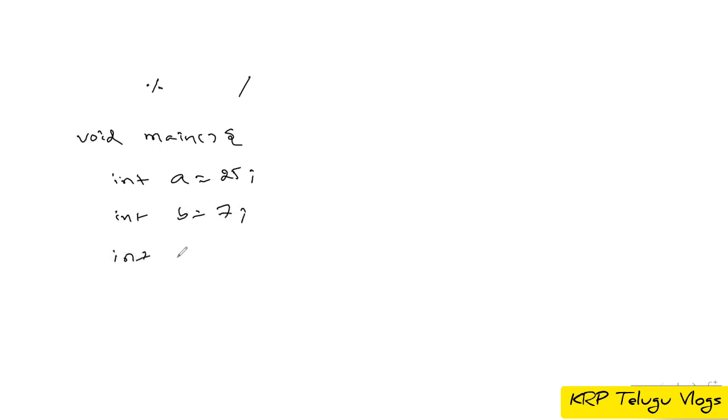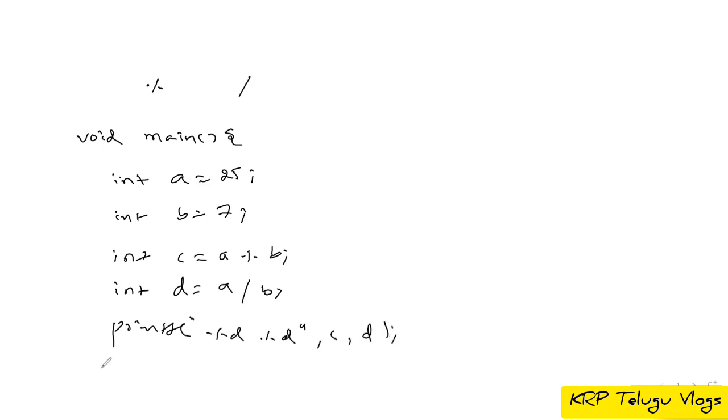Now, what is the difference between modulus and divided by? If I give void main, int a is equal to 25, int b is equal to 7, int c is equal to a mod b, int d is equal to a divided by b, printf %d, comma c comma d.